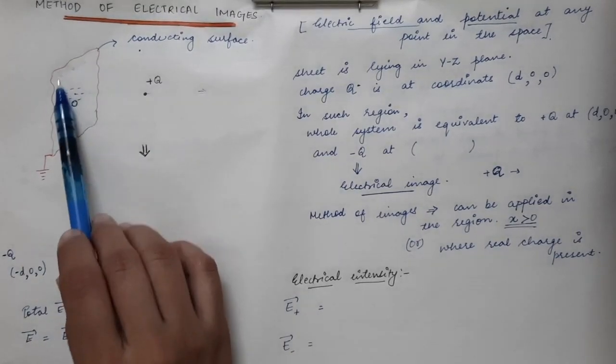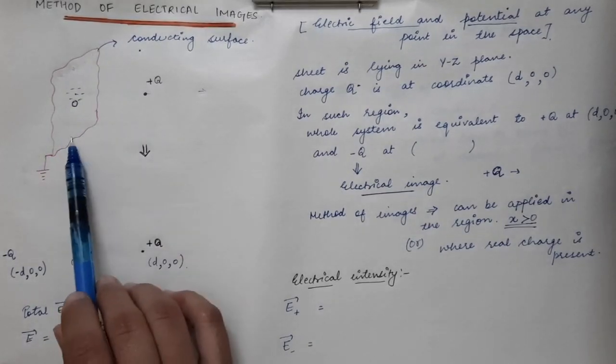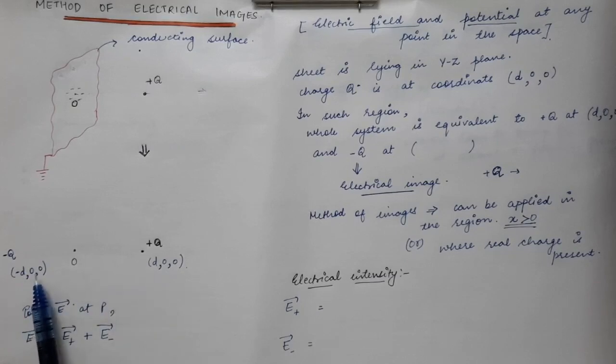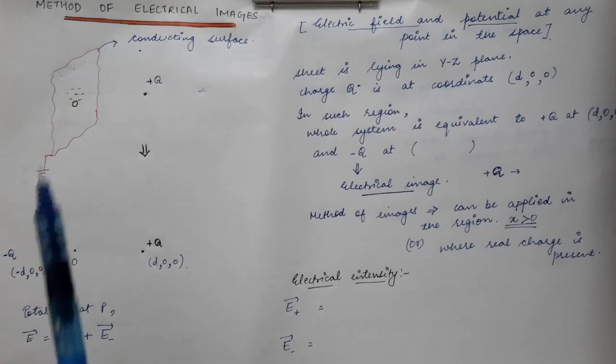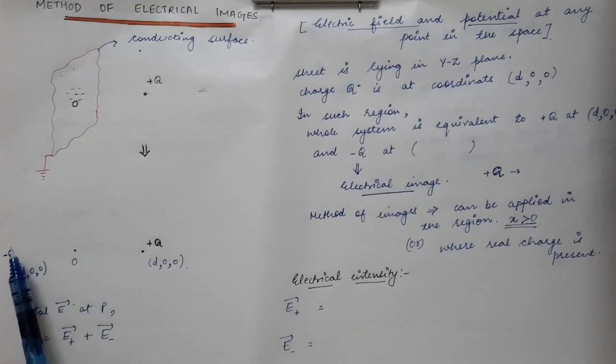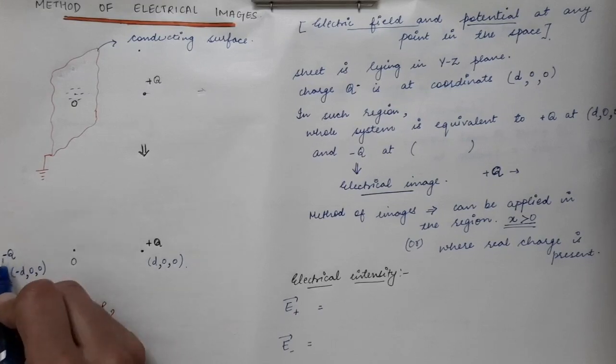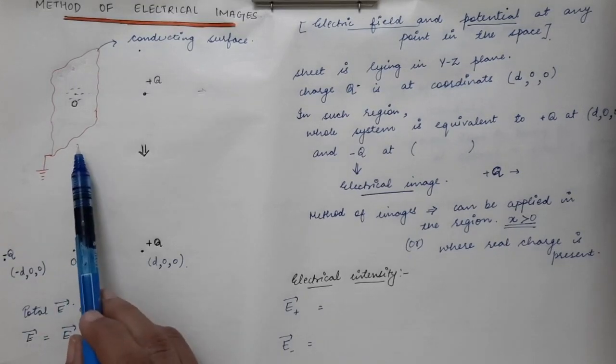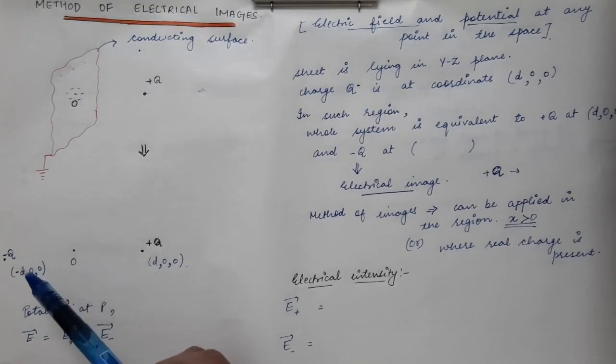If we have to remove this sheet, it must be replaced by minus q charge placed at equal and opposite distance, so it is placed at minus d, 0, 0. When you replace the sheet by minus q charge and place it at minus d comma 0 comma 0, the whole conditions will remain the same. So this will be an equivalent system.